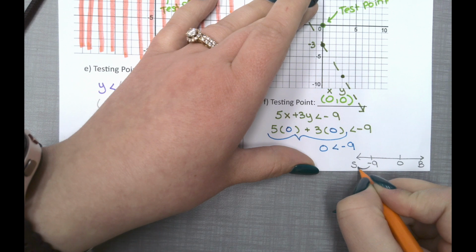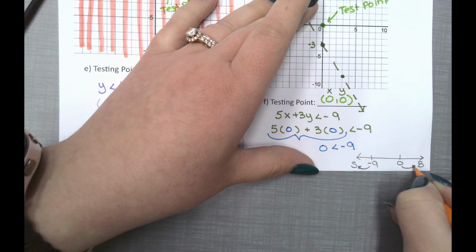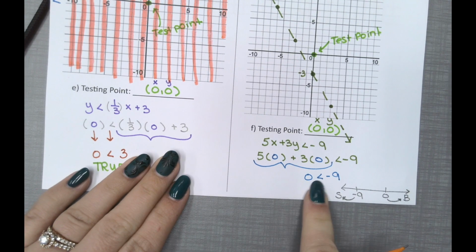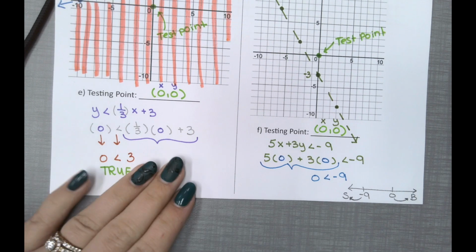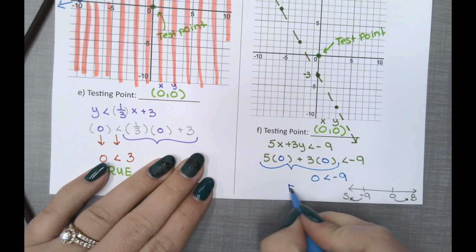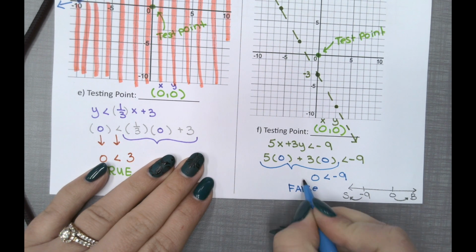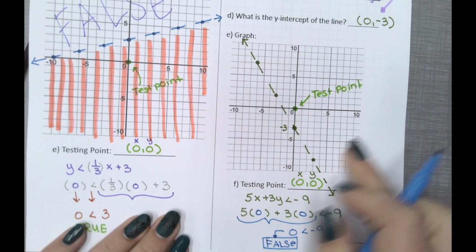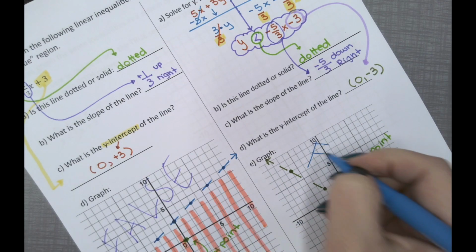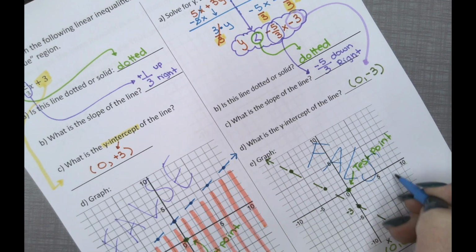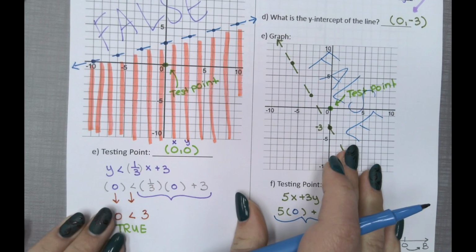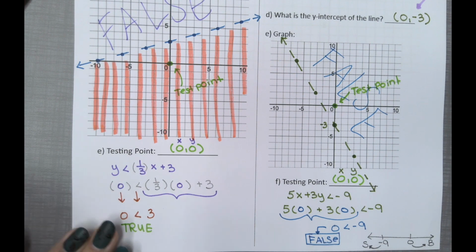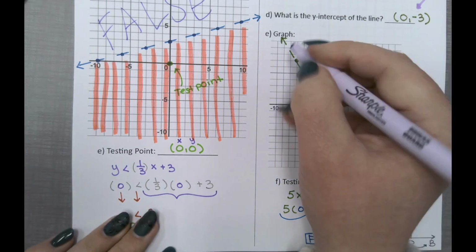So we can see that -9 is smaller, 0 is bigger. So is 0 smaller than -9? No, that's false. So all of this section is false. So everything underneath it, that is your true section.